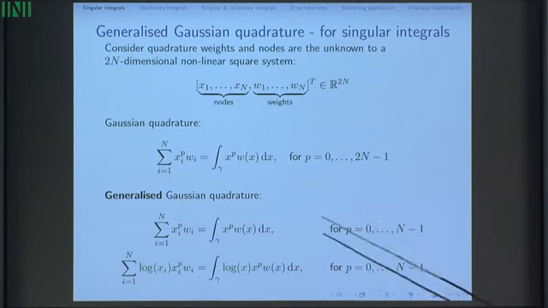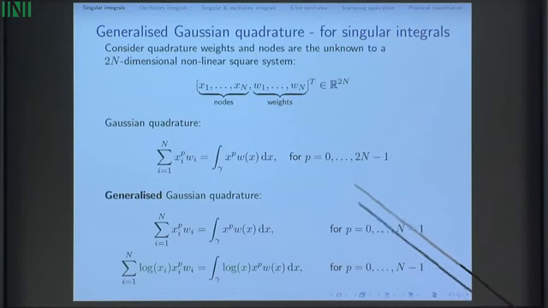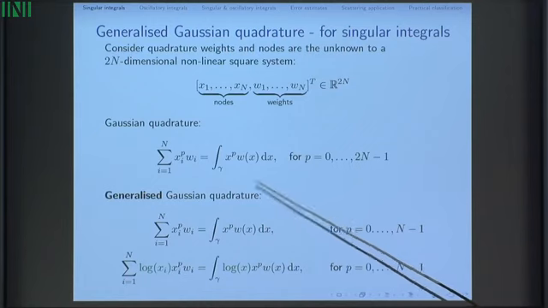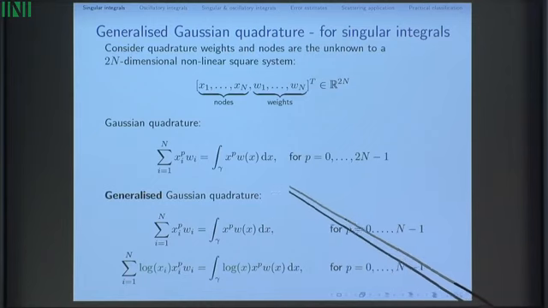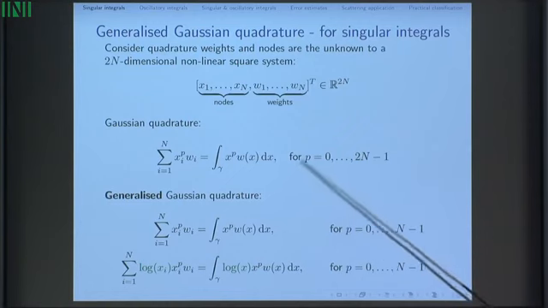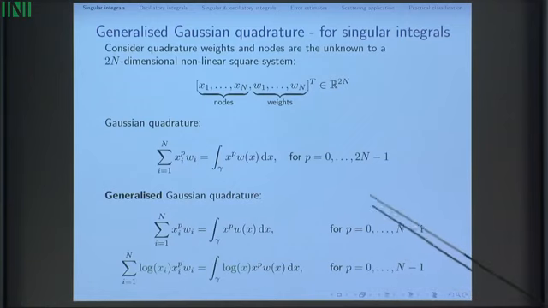Let's do a quick comparison between the two. In Gaussian quadrature, we have this 2n-1 exactness, so we're saying for polynomials, or in the way we formulated it, monomials, we want this to be exact up to degree 2n-1. But in generalized Gaussian quadrature, we're sacrificing some of this exactness in exchange for also gaining exactness when we have the monomial multiplied by the singular function, in this case the logarithm.